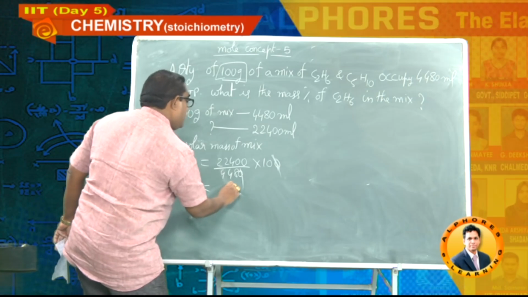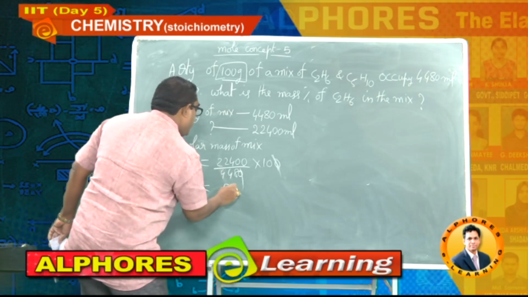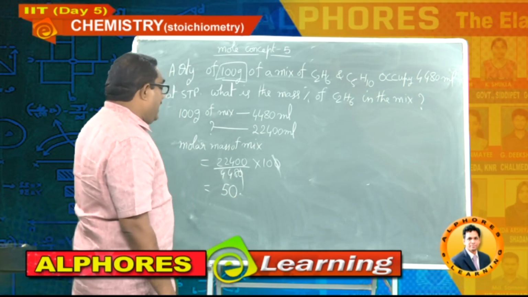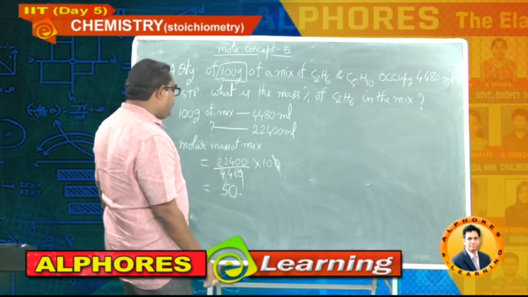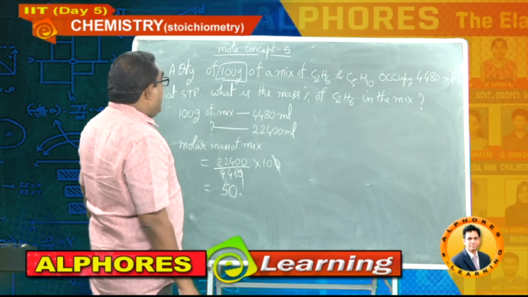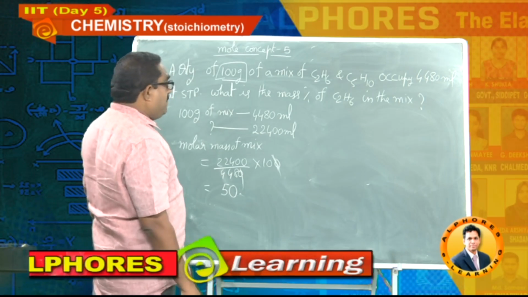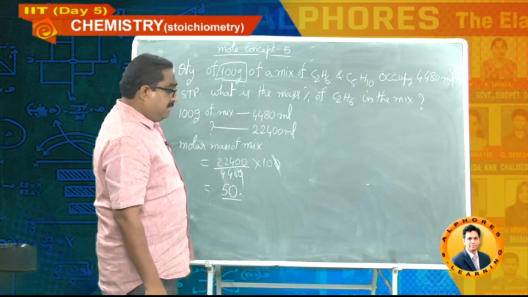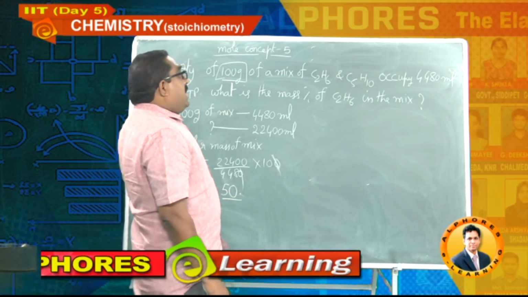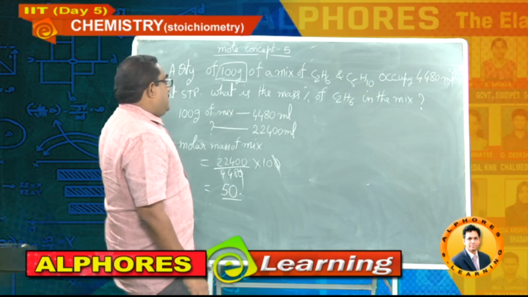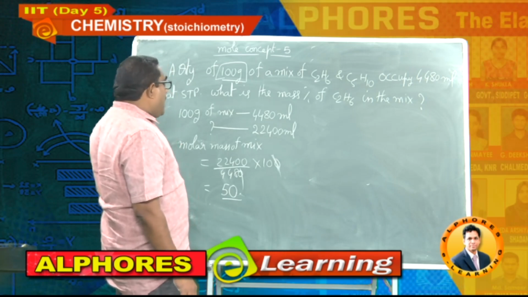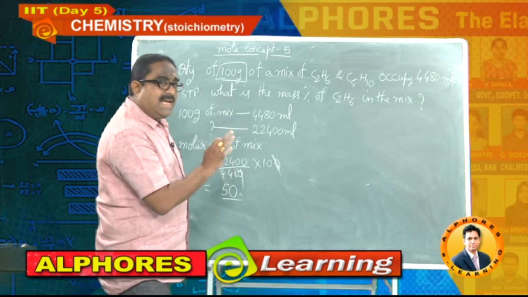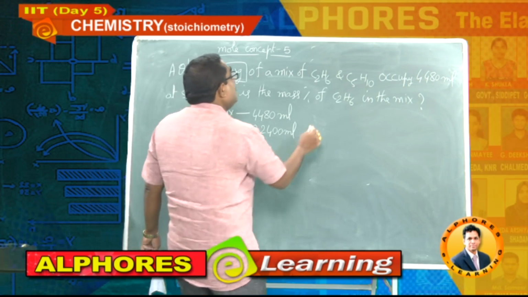That is 50. Finally I got it. Now this 50 is nothing but the molar mass of the mixture. Now I am going to calculate the total moles of this mixture, just like in the previous question.